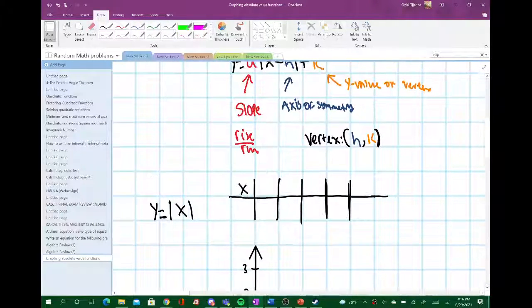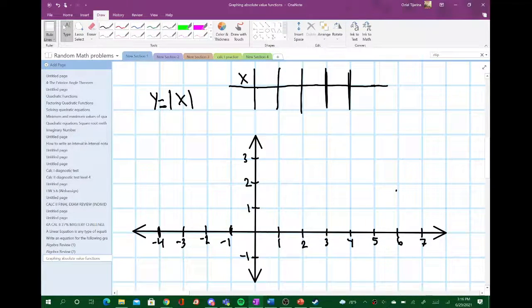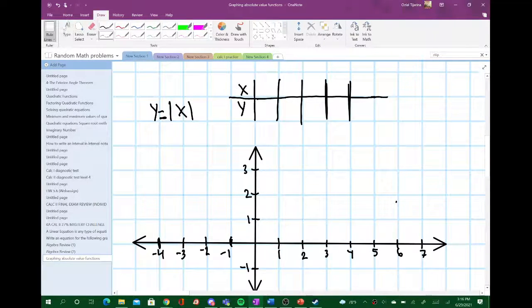So this is going to be the table form, and I'm going to do it this way first, so hopefully this can help. Now, we have -4, -3, -2, -1, 0, and then 1, 2, 3, 4, right?